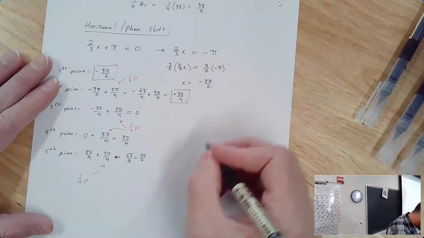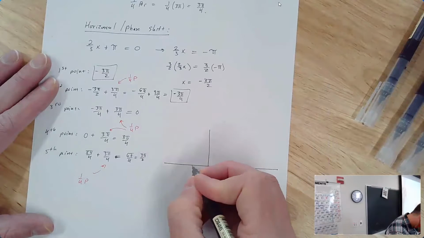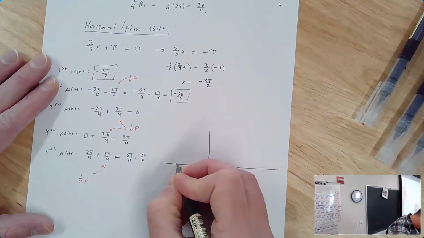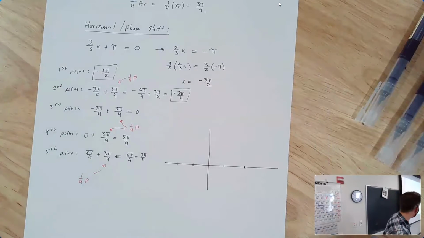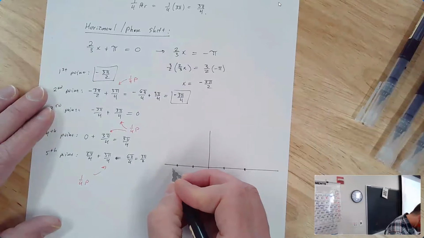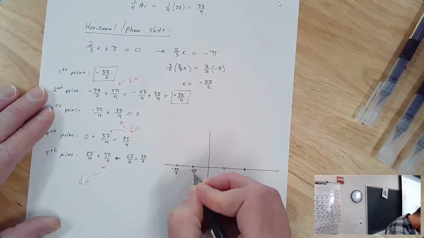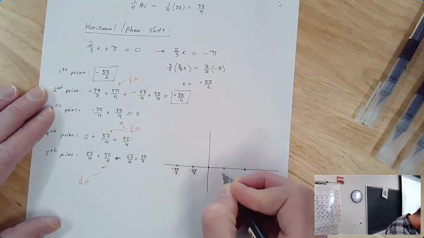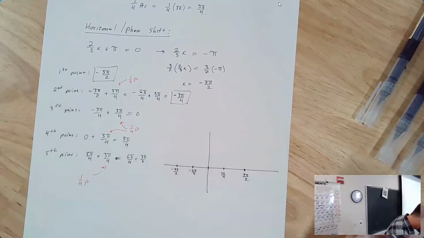So here's how this one's going to look. I'm just going to make marks that seem like they might be about the right length. I don't really know. There's my negative 3 pi over 2, my negative 3 pi over 4, my 0, my 3 pi over 4, my 3 pi over 2.